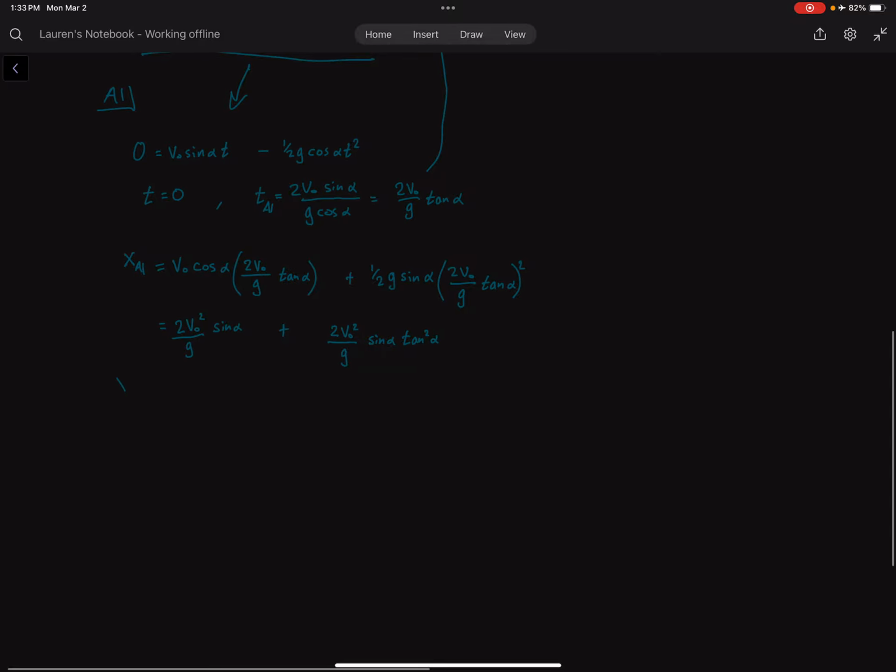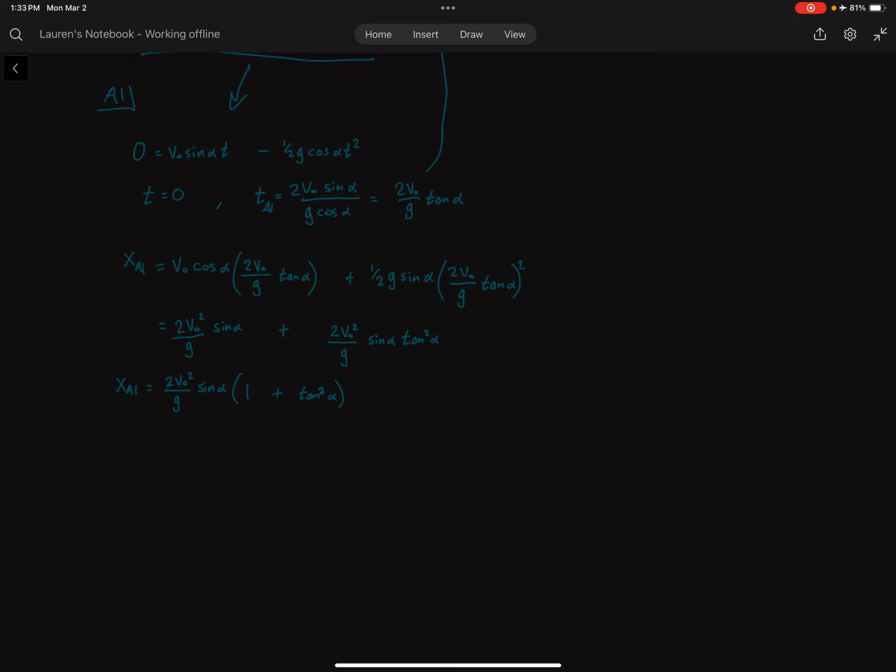So really we have x at point A1 being equal to 2 v naught squared over g sine alpha times 1 plus tangent squared alpha.